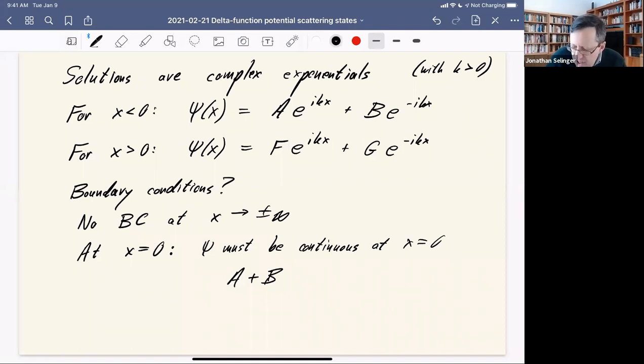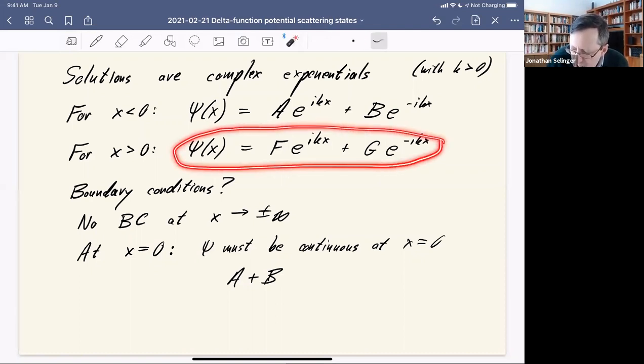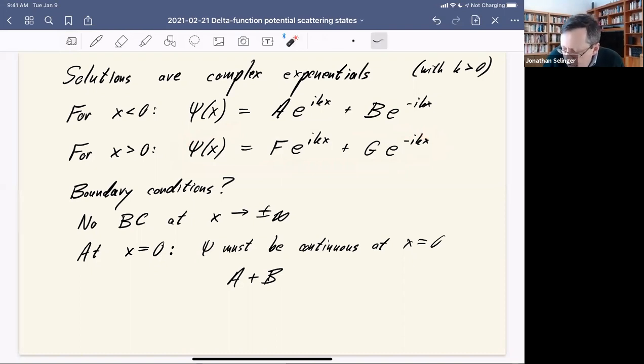Similarly, if x is slightly positive, we plug in x goes to 0 there and get f plus g. That gives us one constraint on these four coefficients: a plus b has to equal f plus g in order for our function to be continuous.